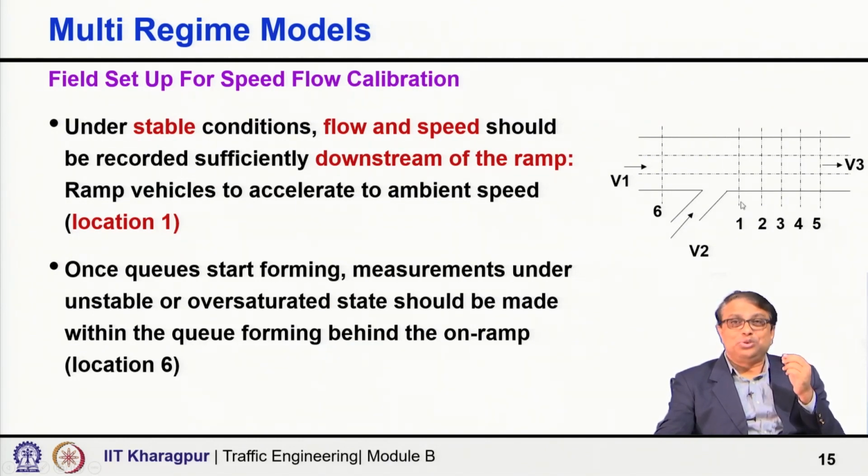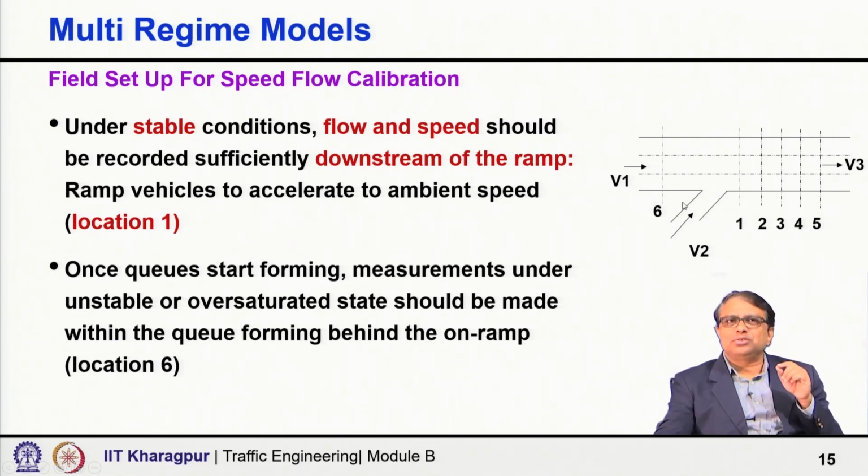Therefore, we should measure the flow around this point. Under stable flow conditions, as long as the flow is less than the capacity of this downstream section, we should record flow and speed sufficiently downstream of the ramp, not at the face of the ramp.